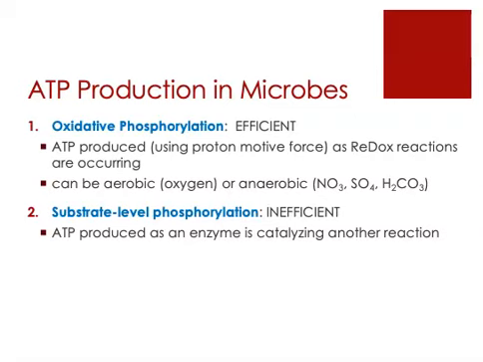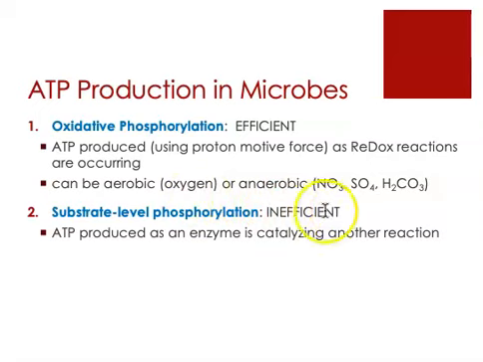Now, ATP that's produced through oxidative phosphorylation is going to be produced using something called a proton motive force in those redox type of reactions. And as I said a minute ago, this can be either aerobic or anaerobic, depending on the microbe. Some microbes are going to use oxygen as the ultimate or final electron accepting molecule.